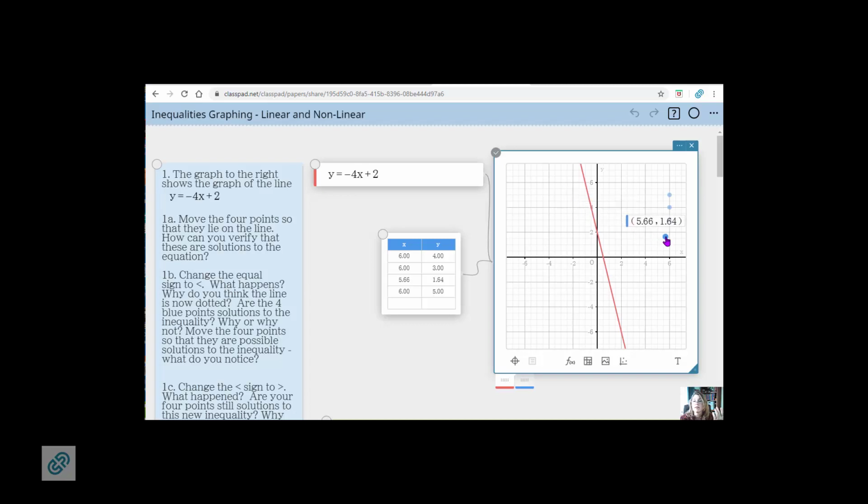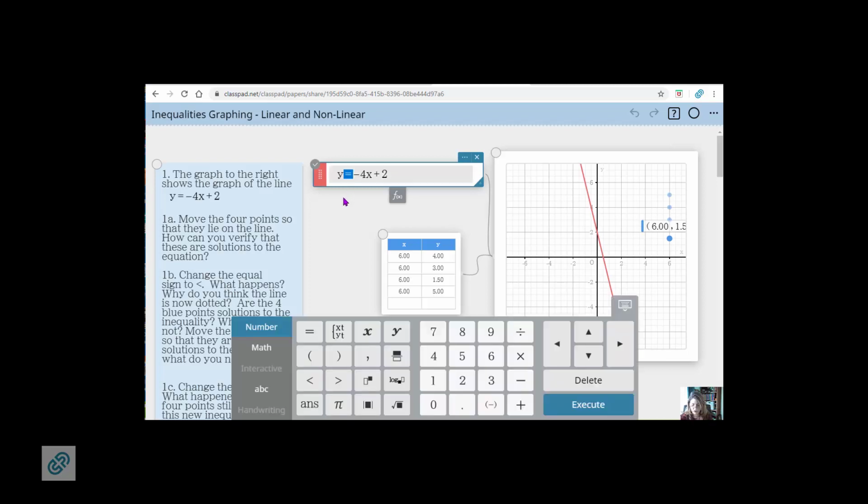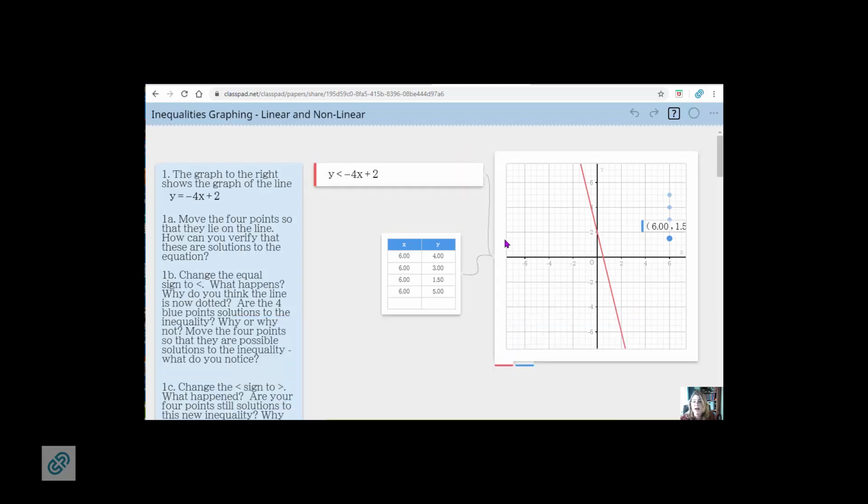Then they're asked to change this to an inequality. I think the first thing they're asked to do is to change it to less than, and watch what happens to the graph. They're supposed to describe what happened, and what this dotted line means, and how they compare it to this.